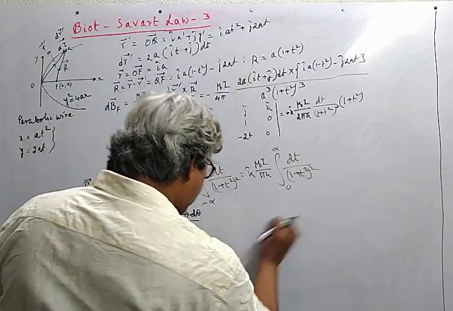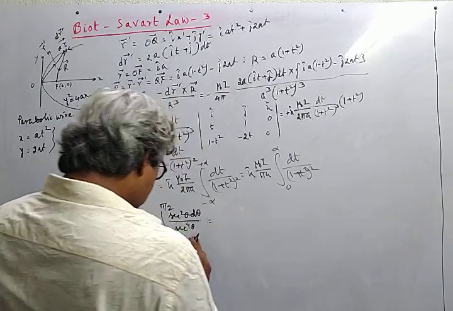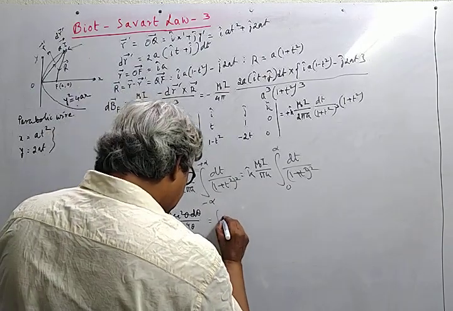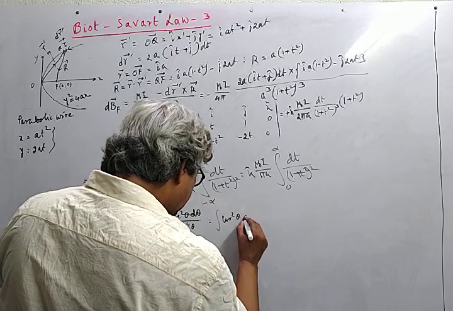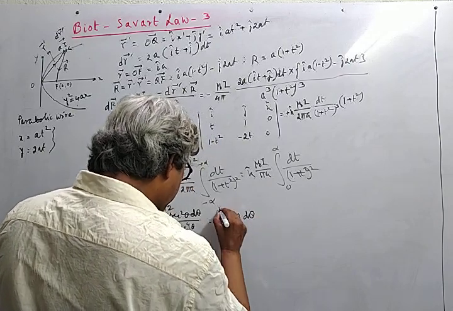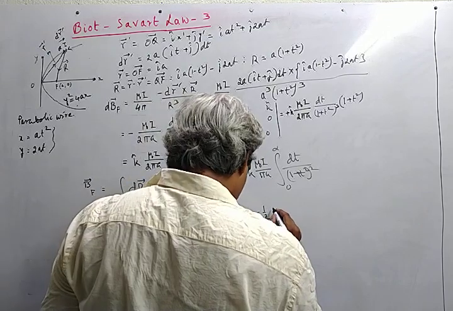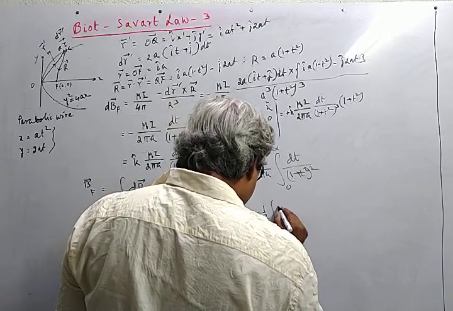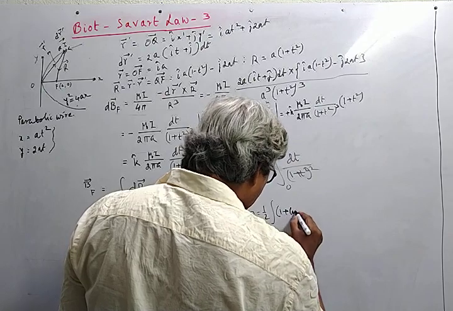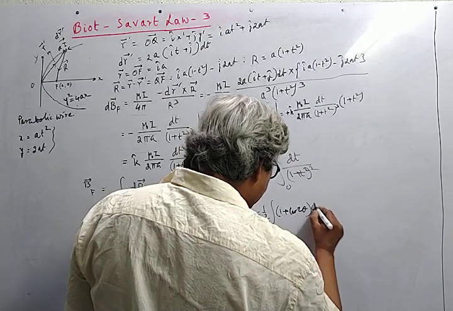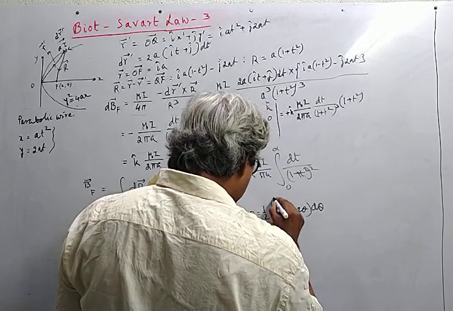So the result is sec square theta, so this result is cos square theta d theta from 0 to pi, which we write as 1 upon 2 times cos 2 theta d theta from 0 to pi.